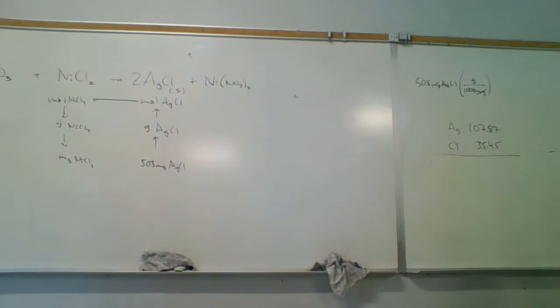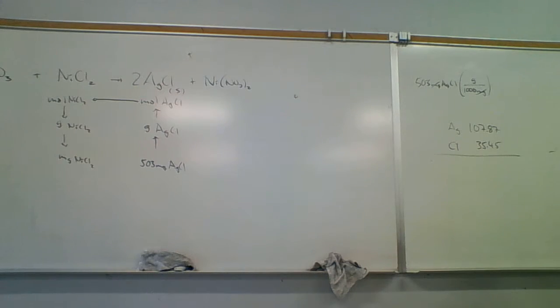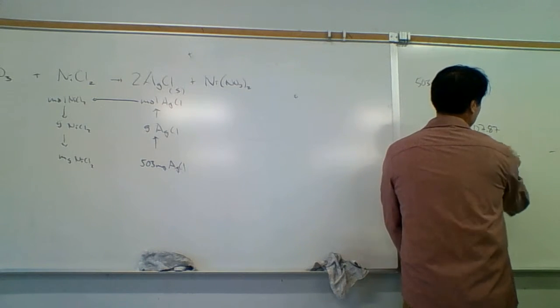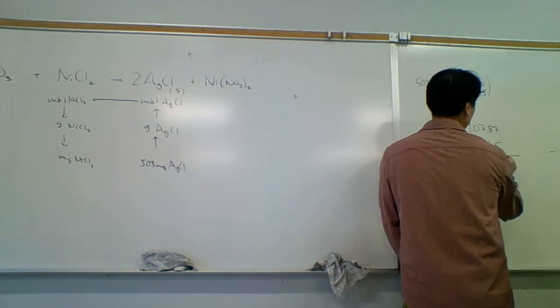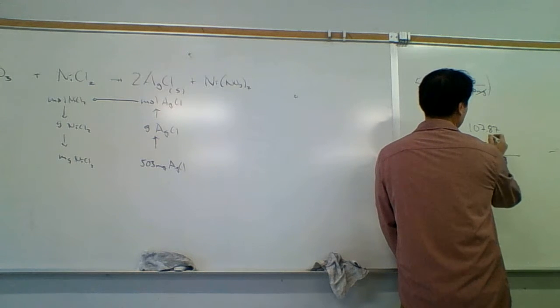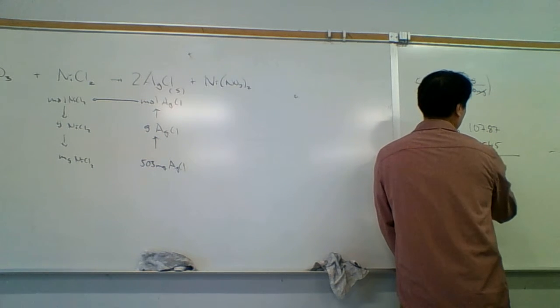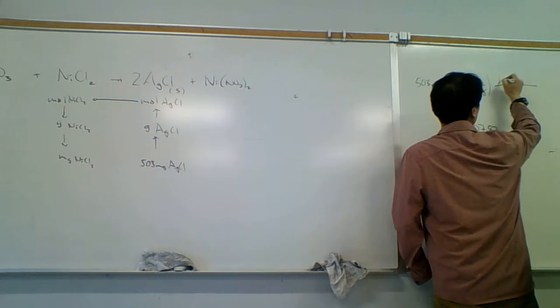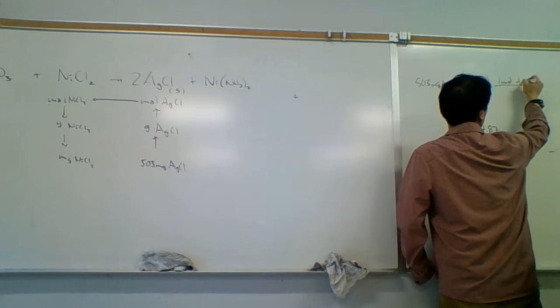And so, getting the mass of silver chloride, just add these two up. It's going to be 143.32. So 1 mole of silver chloride formula unit.